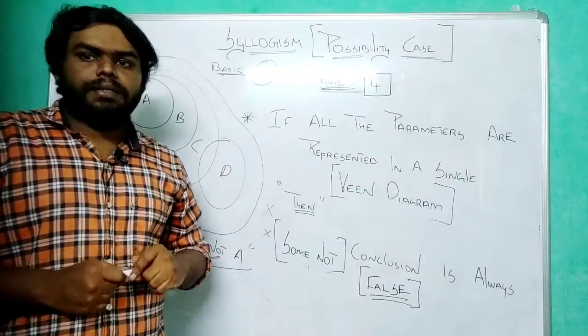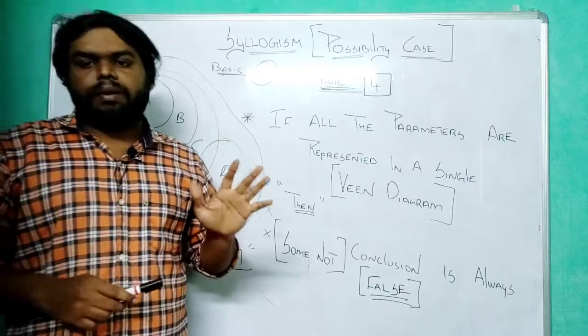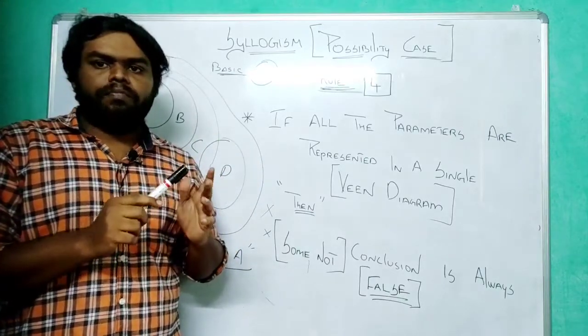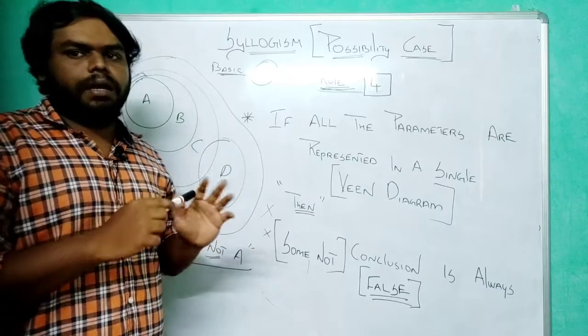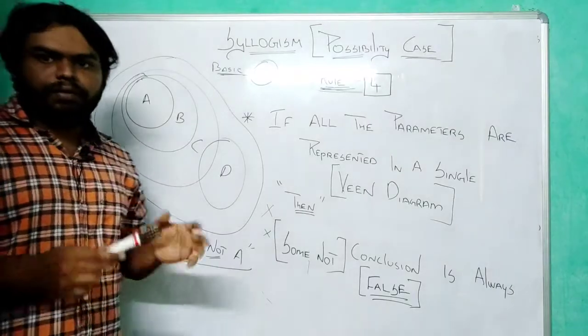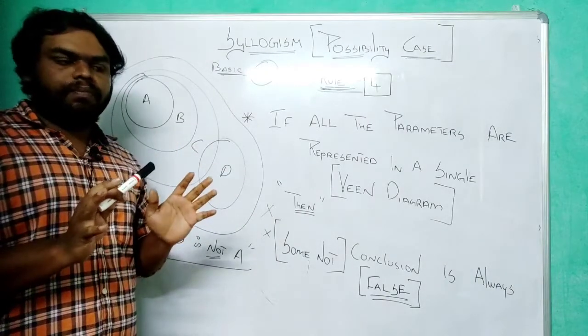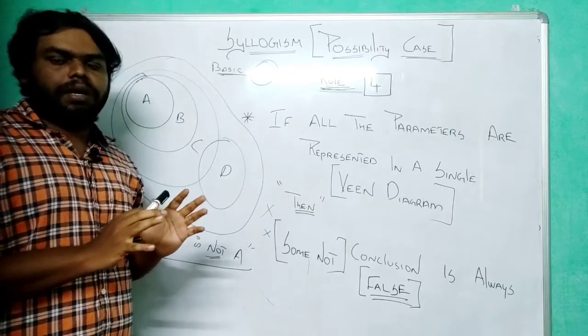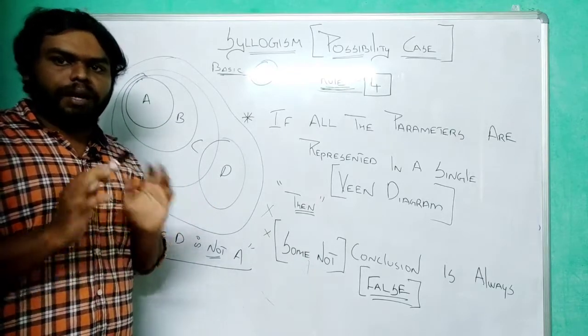So how I practice is that I will check the statements to see if all the statements are in a positive way. For example, all, some and all, if it is connected in a positive statement, it comes through practice. If you can exactly tell how a Venn diagram will look after drawing before even solving the syllogism, right? It comes through practice.